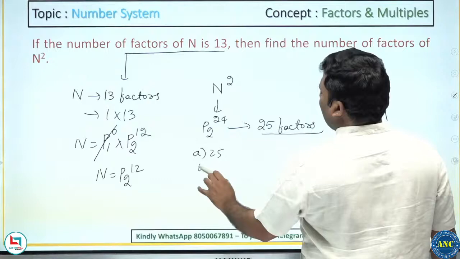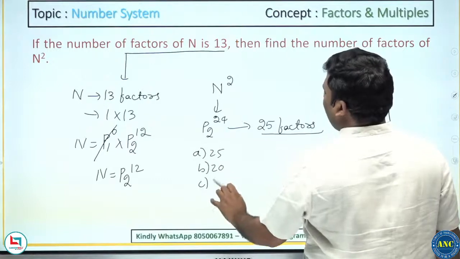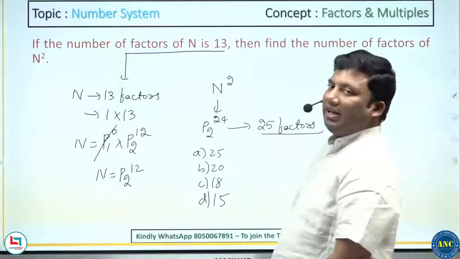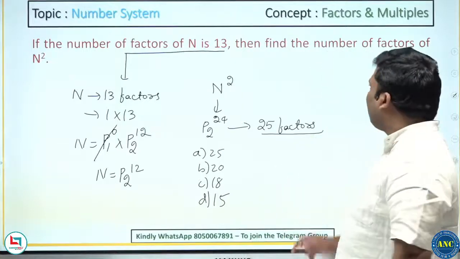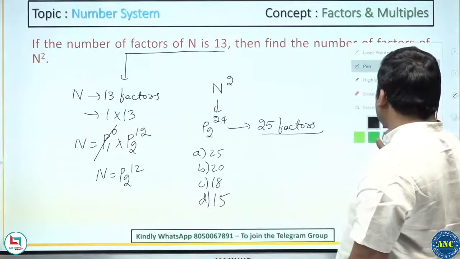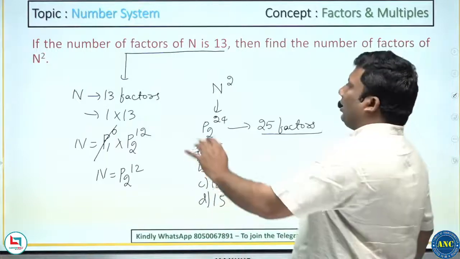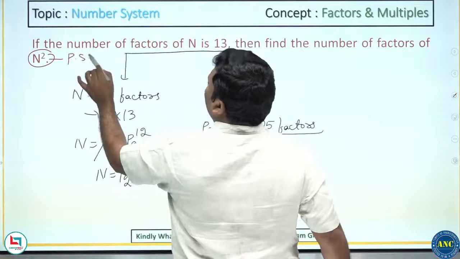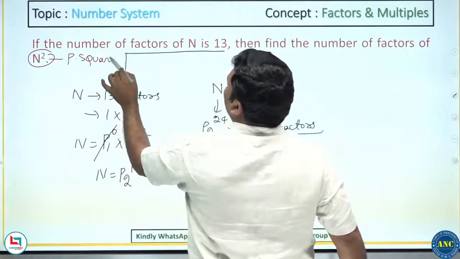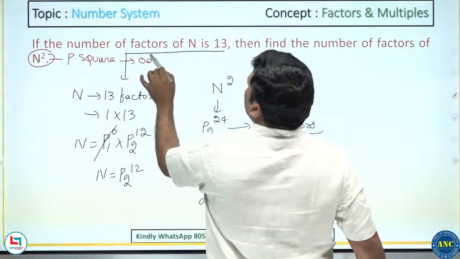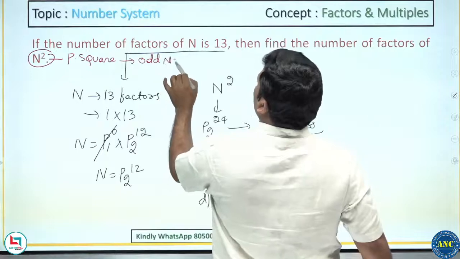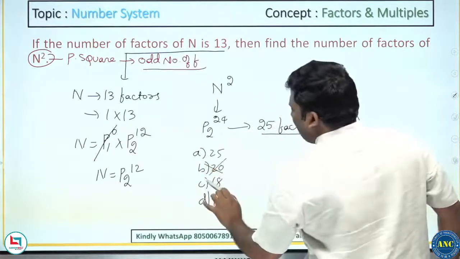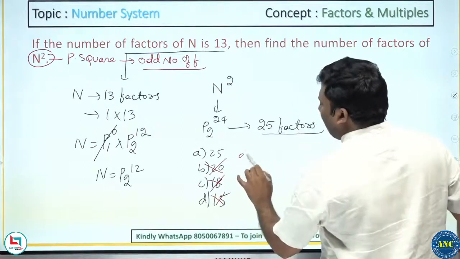If the options are like this, 25, 20, 18 and 15, directly you can tick mark the answer as 25. Number of factors for n square: n square is a perfect square, and every perfect square will always result in an odd number of factors. So these options can be eliminated.